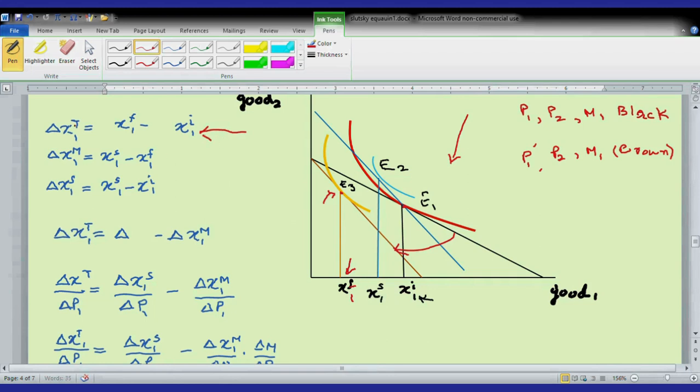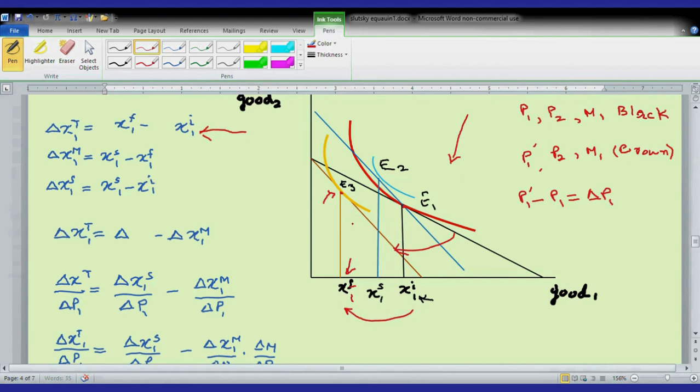So, the total change when the price of good 1 changes from P1 to P1 dash. P1 dash minus P1 is the total change in price, and when this change occurs in the price of good 1, the associated total change in consumption of good 1 is equal to x1f minus x1i.